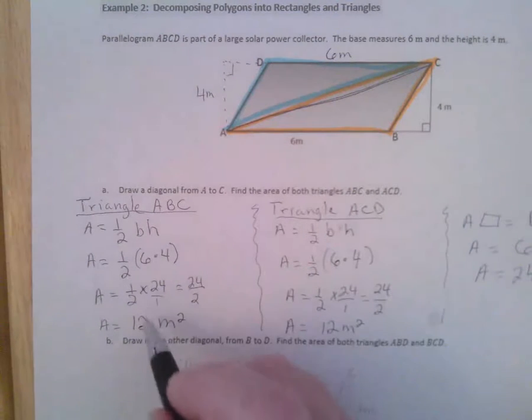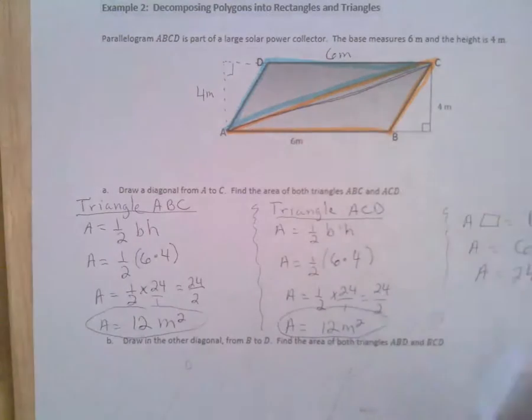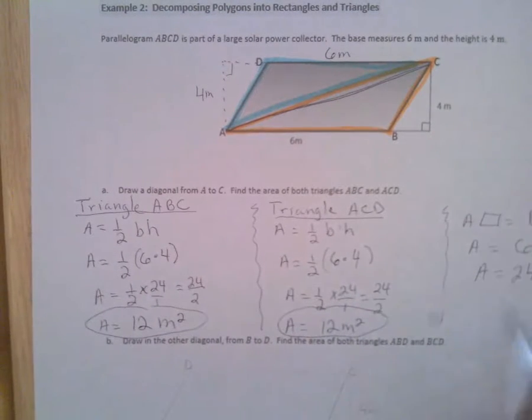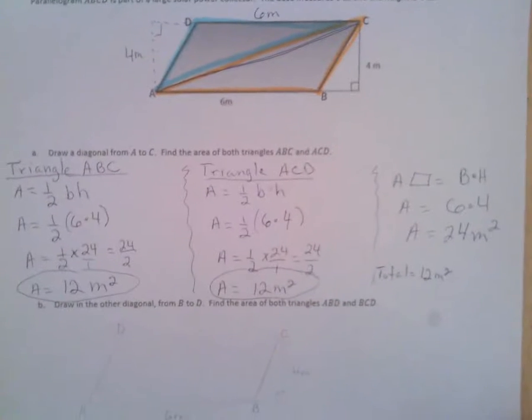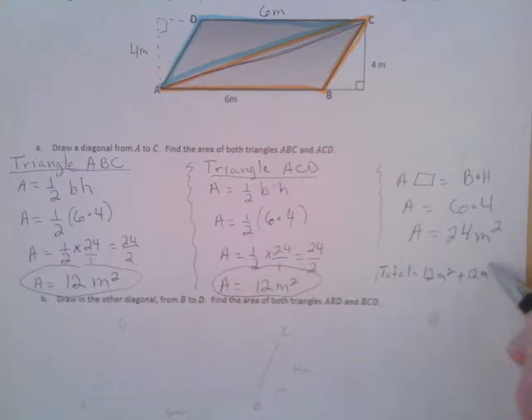And if I were to add my two triangle areas together, my total area was 12 meters plus 12 meters.